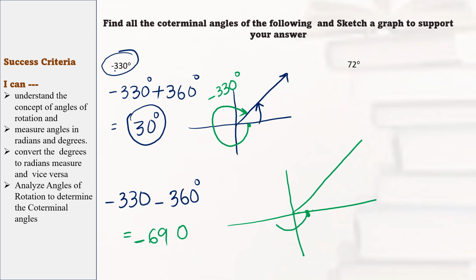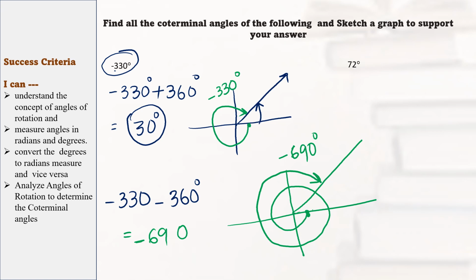I make 360 degrees and then one more rotation over here of 330. So it gives me minus 690 degrees. It means I made one full rotation and a little more rotation of 330 degrees.